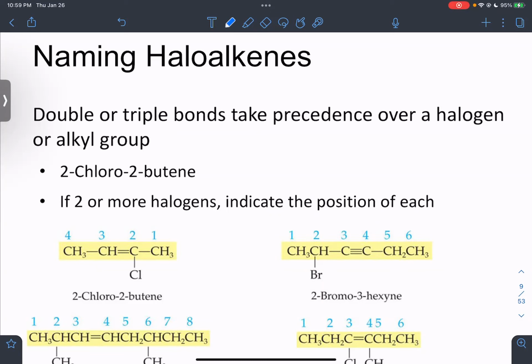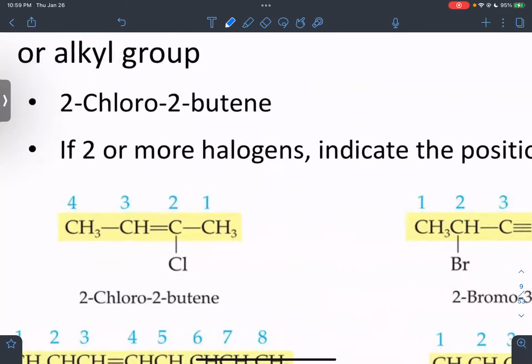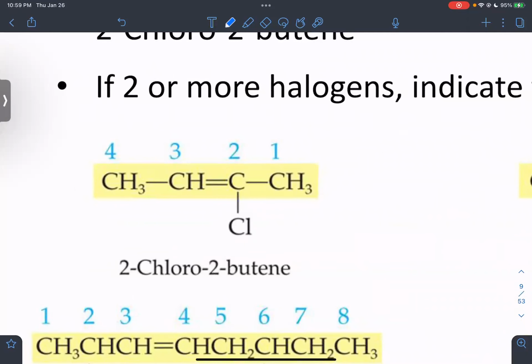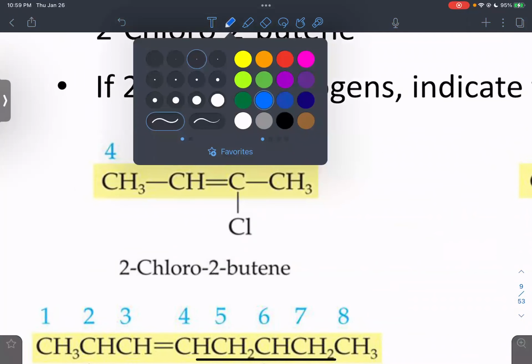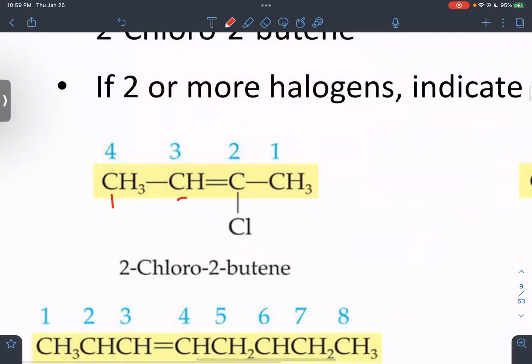Here's an example of one with a halogen on it. You could have the numbering at the top, and let's do the numbering at the bottom and just talk about 2, 3, 4. If I'm trying to give the carbon-carbon double bond the lowest number possible, on the top it's a 2, and on the bottom it's a 2.